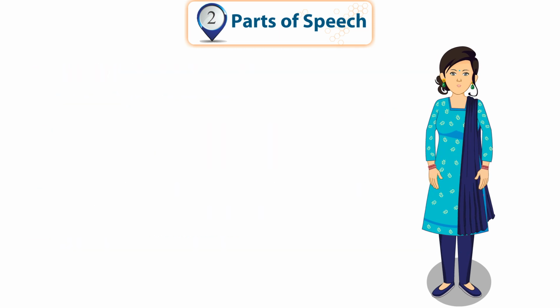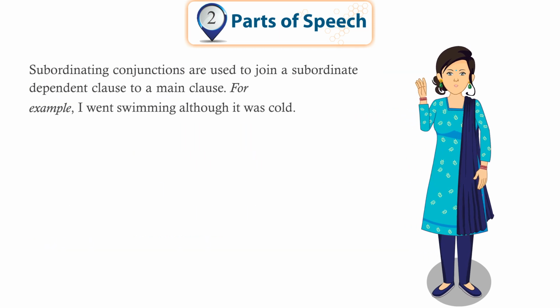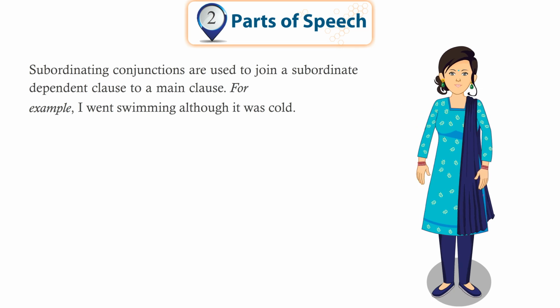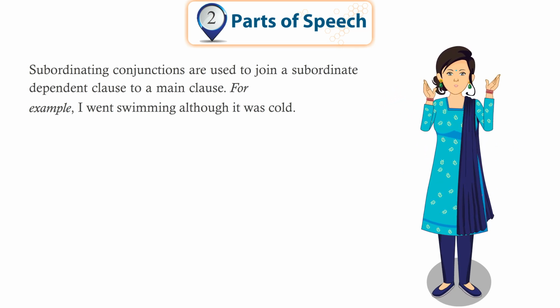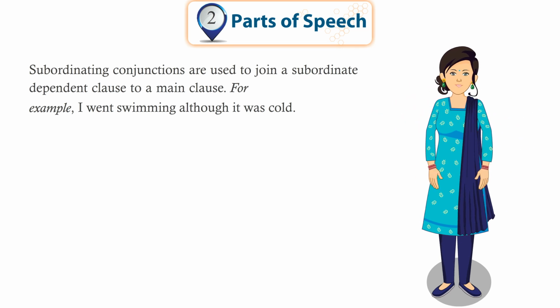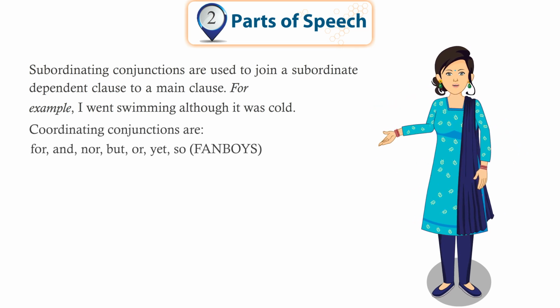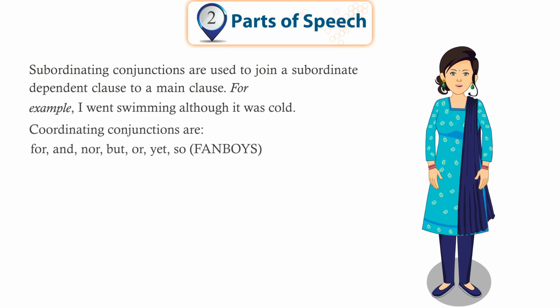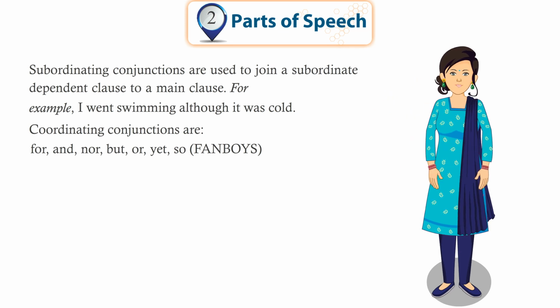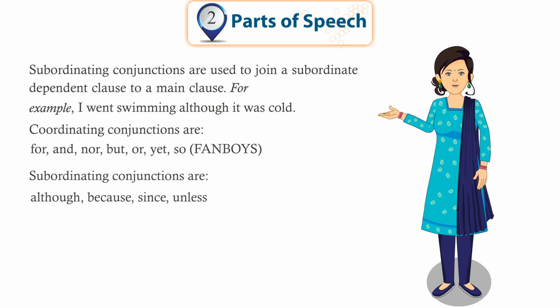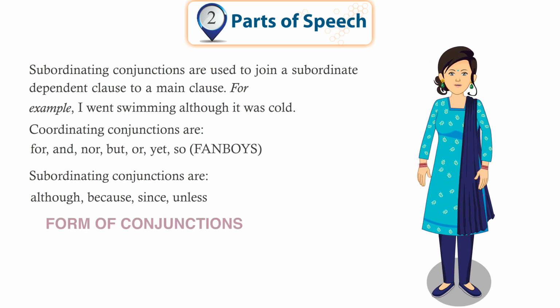Subordinating conjunctions. Subordinating conjunctions are used to join a subordinate, dependent clause to a main clause. For example, I went swimming although it was cold. Coordinating conjunctions are for, and, nor, but, or, yet, so: FANBOYS. Subordinating conjunctions are although, because, since, unless.